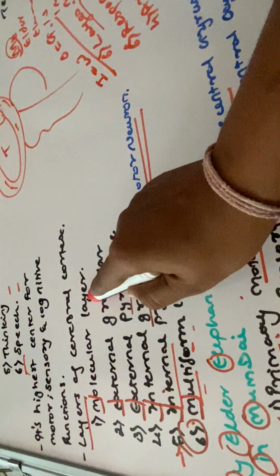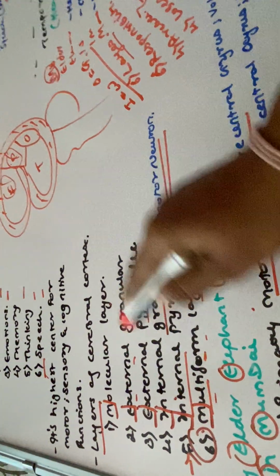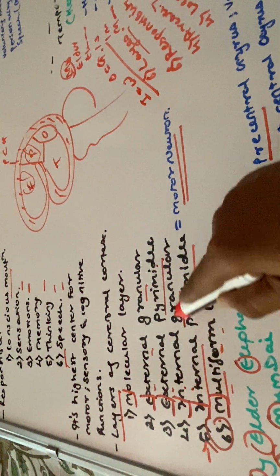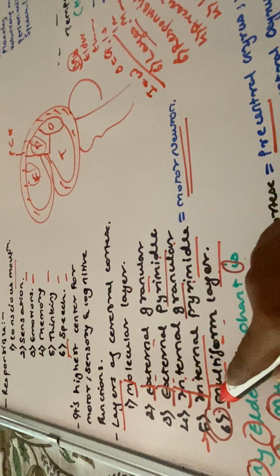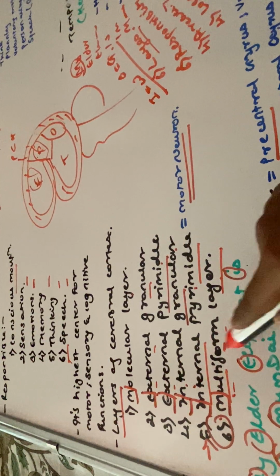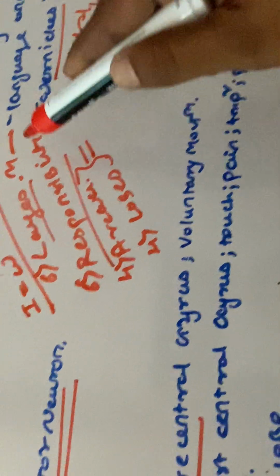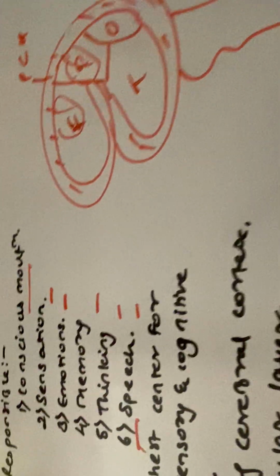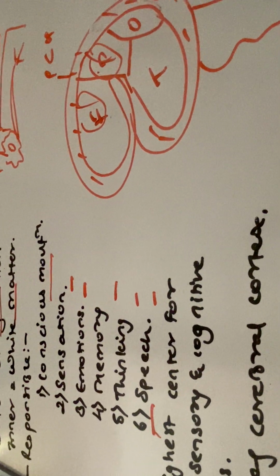My, molecular layer; elder, external granular; elephant, external pyramidal; is, internal granular; in, internal pyramidal; Mumbai, multiformal layer. Okay, what are the responsibilities of the cerebral cortex? Conscious movement, sensation, emotion, memory, thinking, speech.